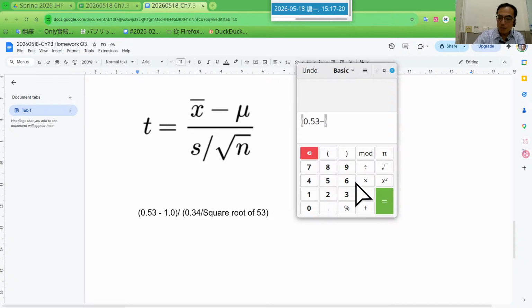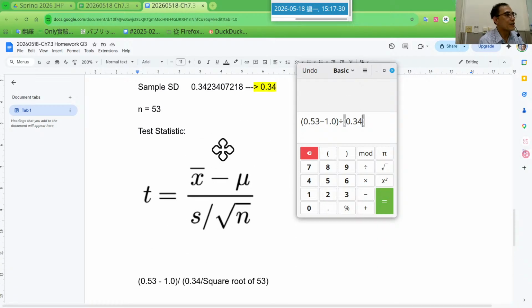0.53 minus 1.0, divided by 0.34. 0.34 is the standard deviation. Here, 0.34 is the sample standard deviation S, divided by the square root of 53. So far, any question?